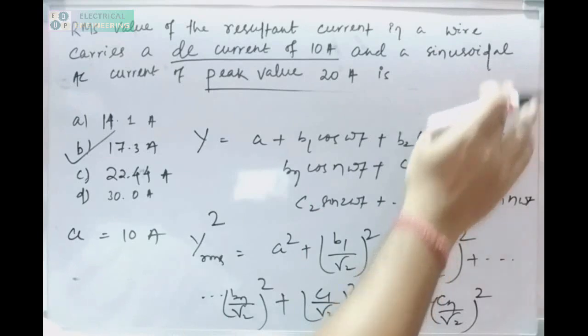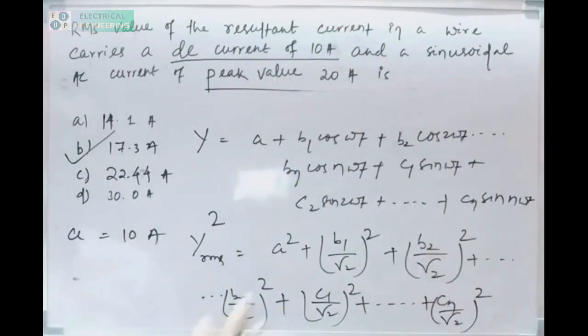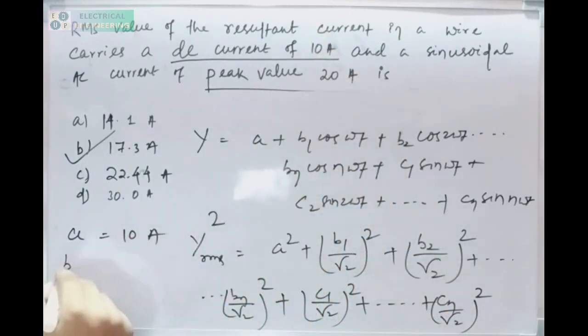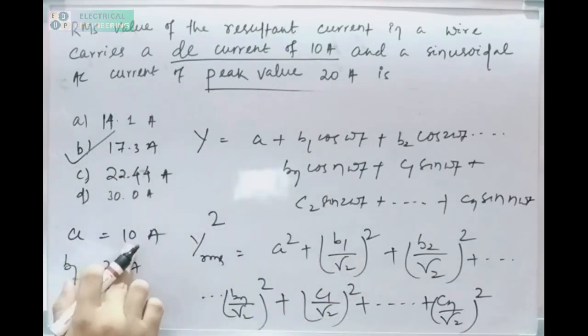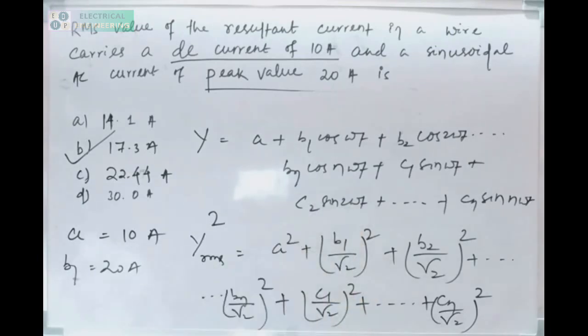It is a sinusoidal AC current, so it can be sine or cos. Let us take B1 equals 20 ampere. So according to this formula, I have squared: 10 square plus (20 by root 2) whole square, that is 20 square by 2. Check your answer and match it with this formula, you will understand.